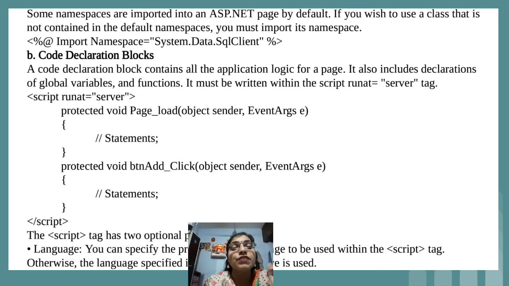But suppose you are performing inline code, so in inline code we are not having that .aspx.cs page. So if you want to write some code related to, suppose, database connectivity, for database connectivity we need one namespace, that is System.Data.SqlClient, and I want to write the program in the inline coding method only.